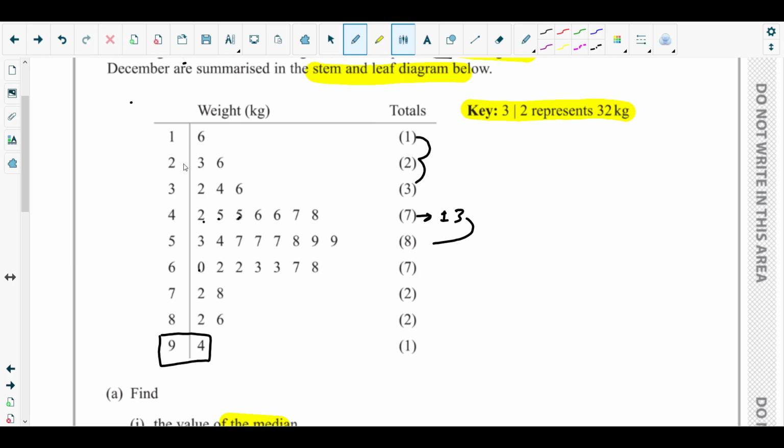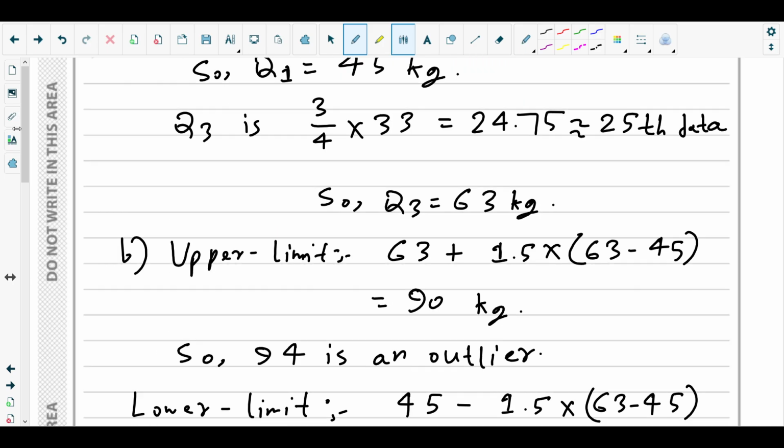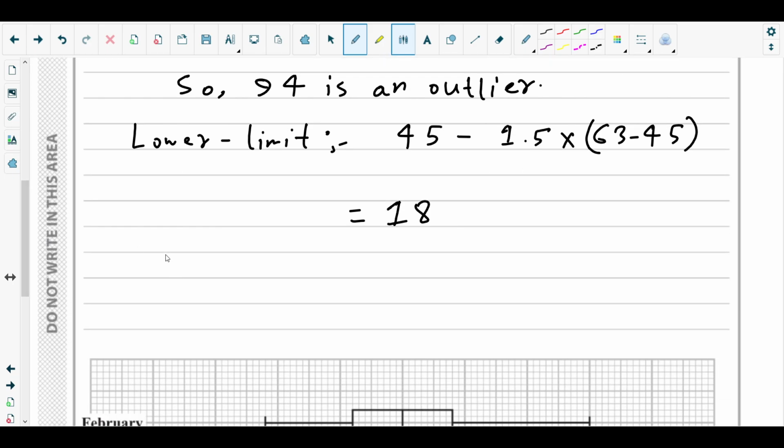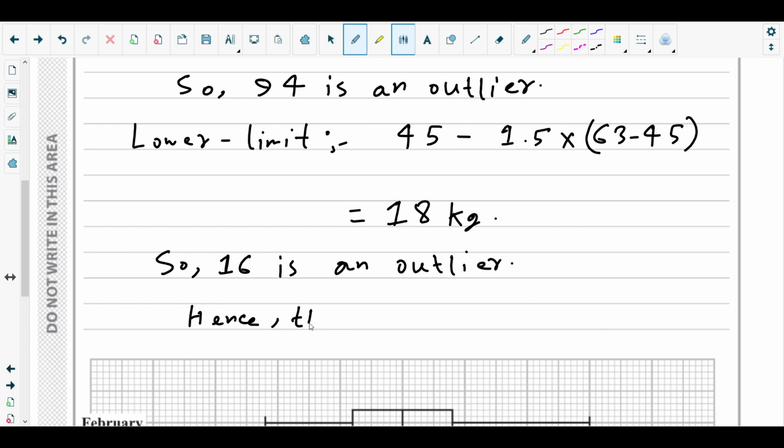Below 18 there is 16. Fine, so 16 is an outlier. Hence we can say there are two outliers in the data. That's what they have asked to show, isn't it?